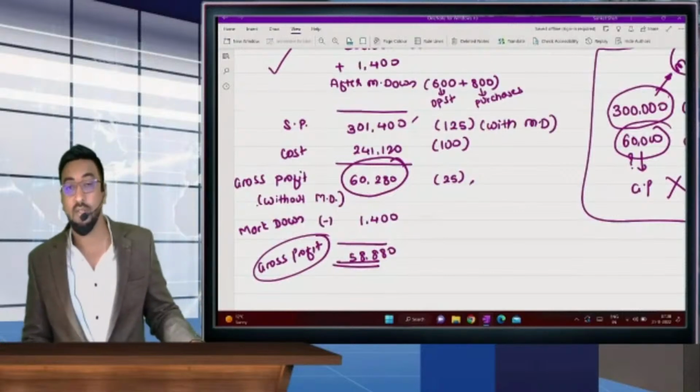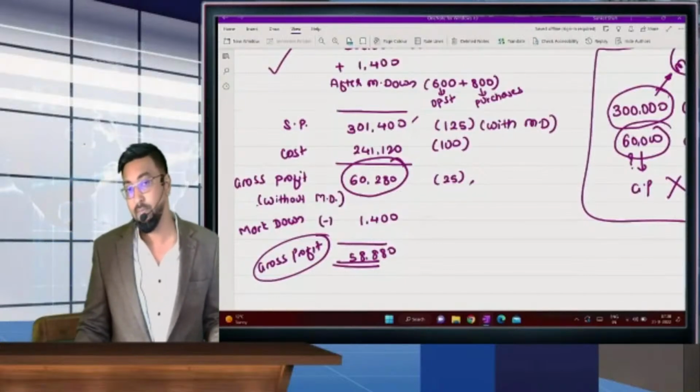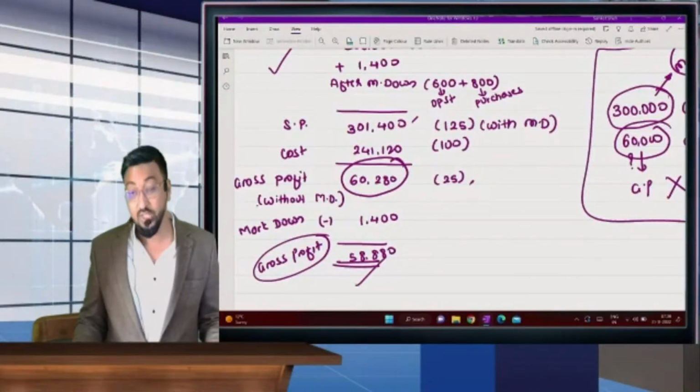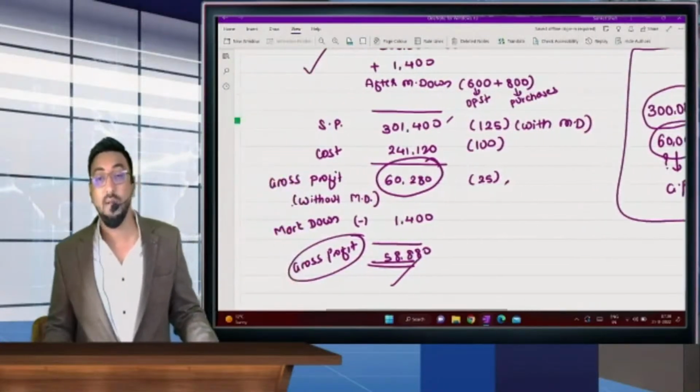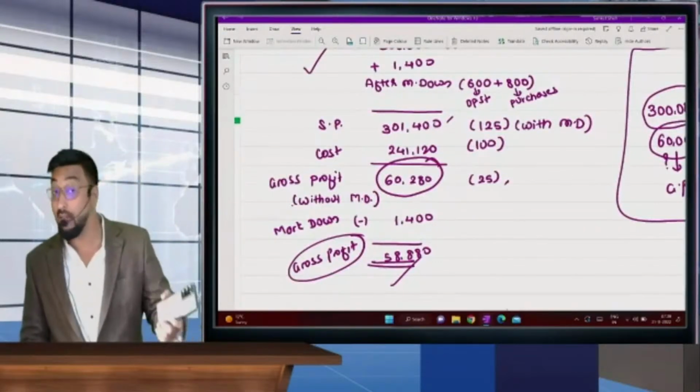Now it's possible. So 3,01,400 is without markdown. What is my GP without markdown? 60,280. And what is the amount of markdown in that? 1,400. So my correct GP is not 60,000, but 58,880. Now you are getting this concept.